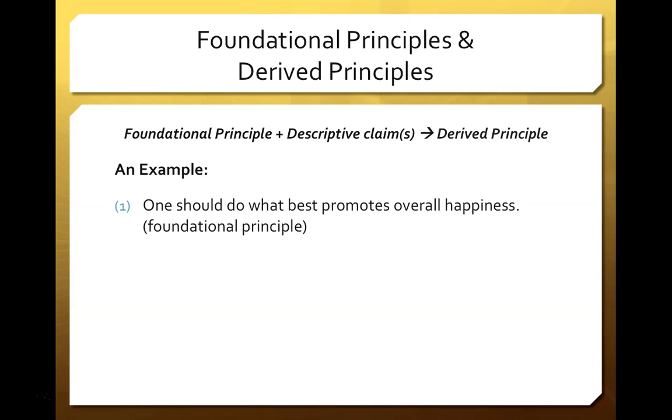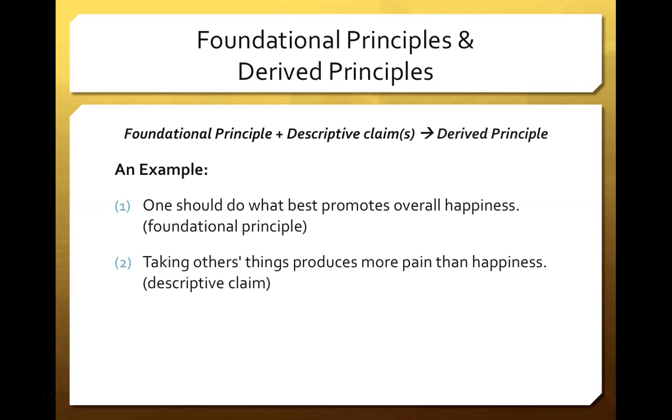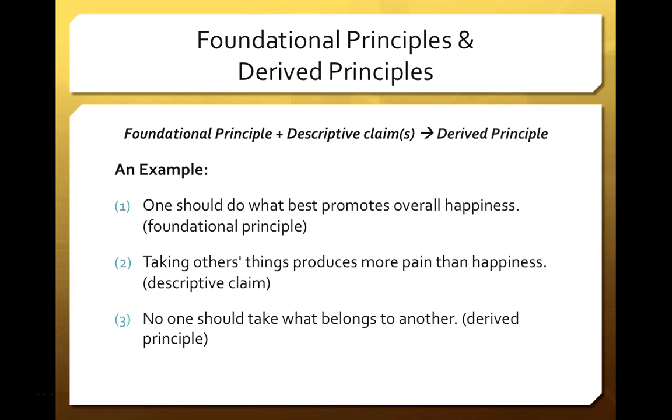One should do what best promotes overall happiness. Remember, this is our foundational principle. Taking others' things produces more pain than happiness. This is our descriptive claim. As before, the descriptive claim moves us from a more generalizable foundational principle to something more specific. And then we end up at our derived principle. No one should take what belongs to another.